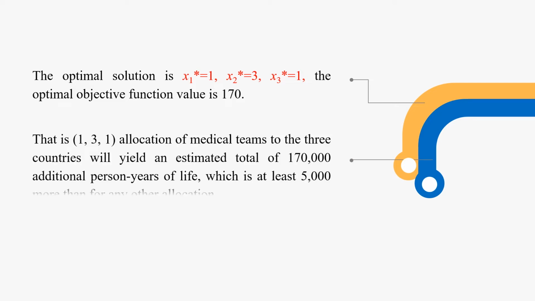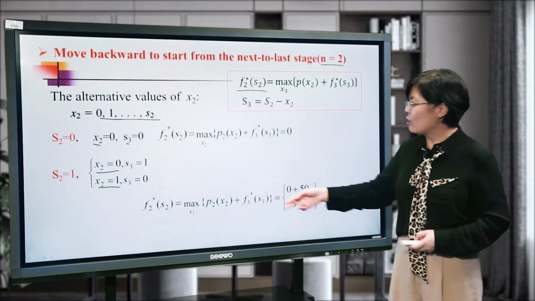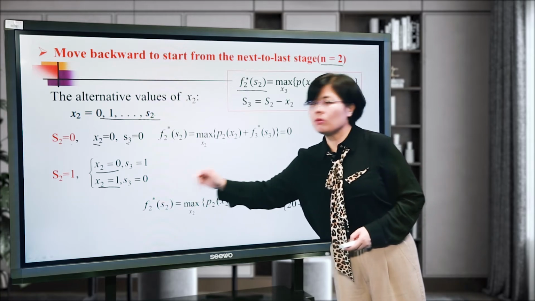If S2 equals 0, then X2 can only be 0, and S3 is also 0. If S2 equals 1, then X2 can be 0 or 1. You see that X2 ranges from 0 to S2. There are two choices.